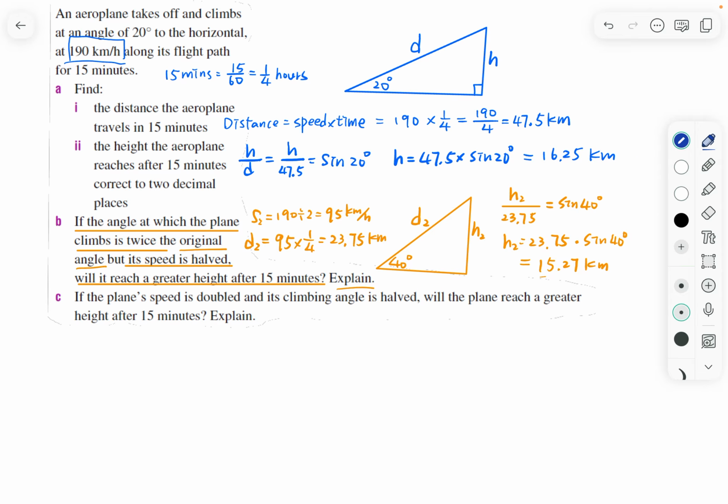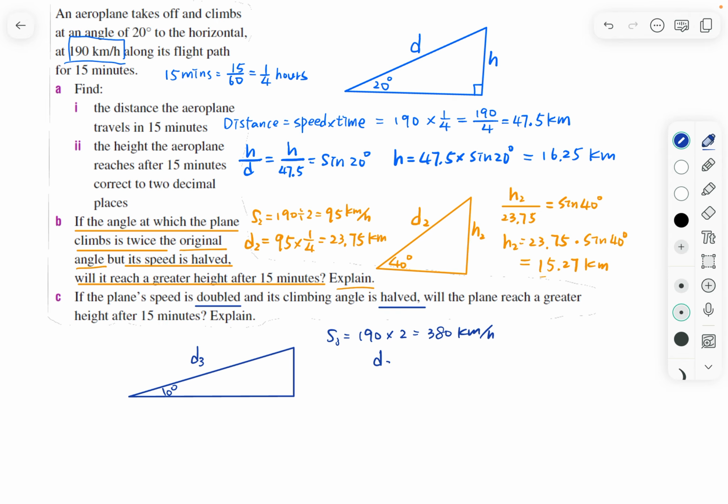Now we talk about C. If a plane speed is doubled and its climbing angle is halved, so you mean triangle become like that, 10 degrees. So suppose that D3, and the speed become double, so 190 times 2 equal to 380 kilometers per hour.